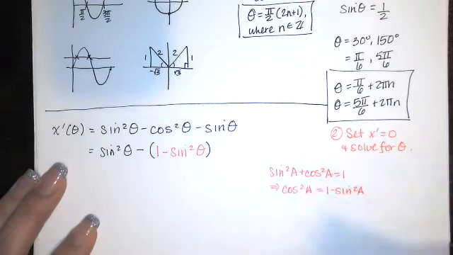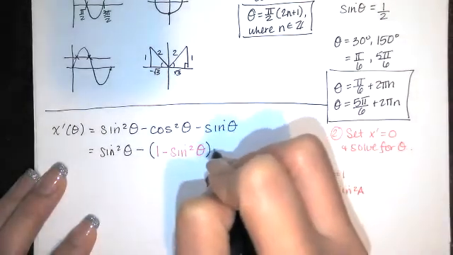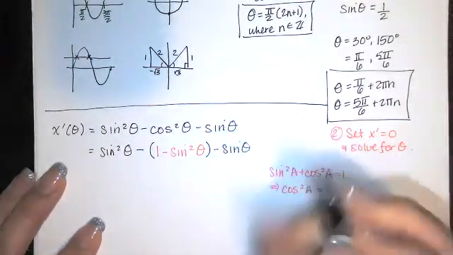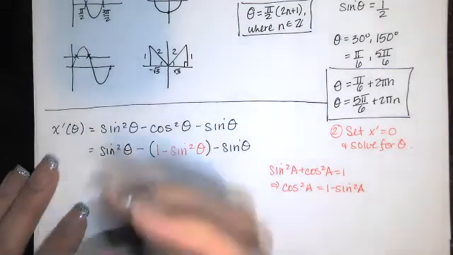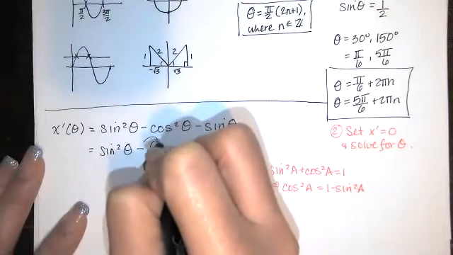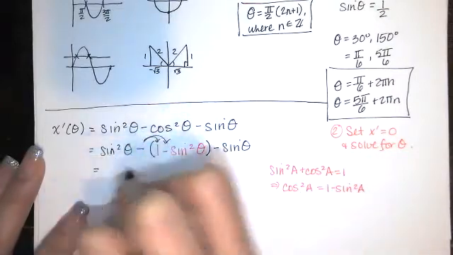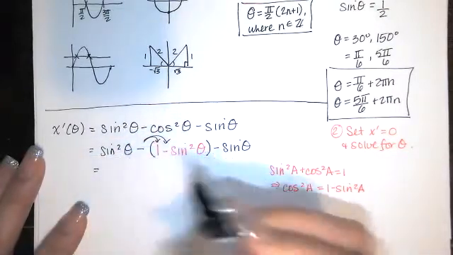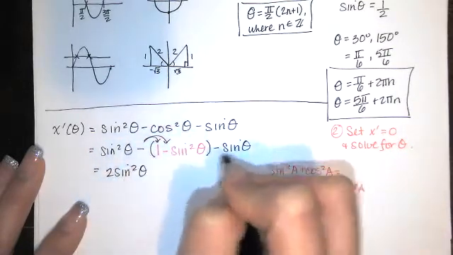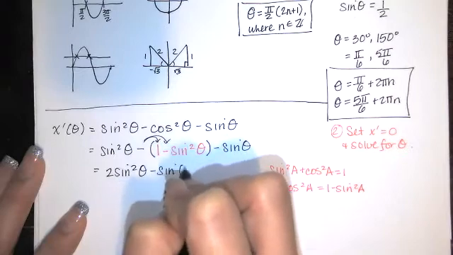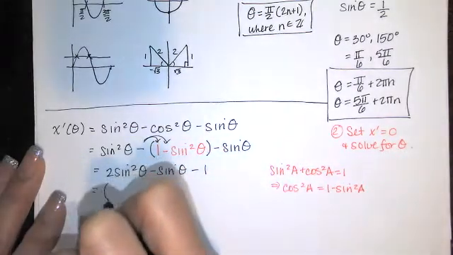The angle is theta. And this is helpful because now I've got x prime entirely in terms of sine. Let's distribute the negative, and we end up with sine squared theta and sine squared theta, so that's 2 of those, minus sine of theta, minus 1, and I think that factors as well.